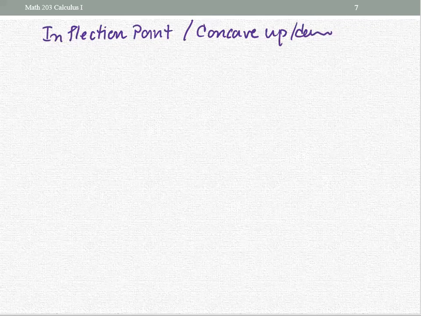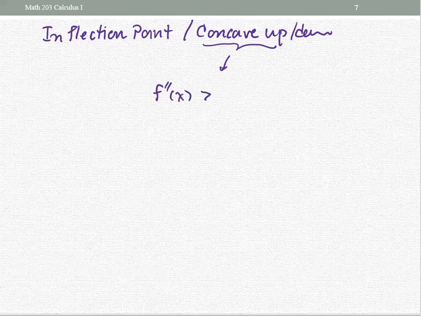How does the graph behave for concave up? We're going to use the second derivative to identify it. Concave up means the rate of change of the derivative is positive. Sounds confusing, I know. So we use the second derivative: f double prime greater than 0, concave up; f double prime less than 0, concave down.